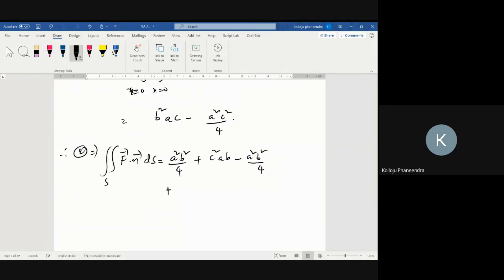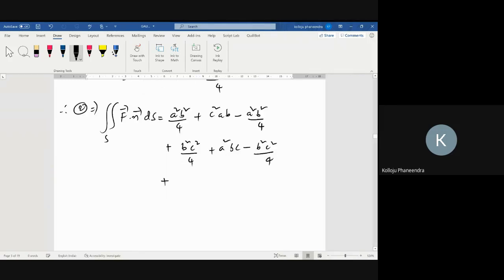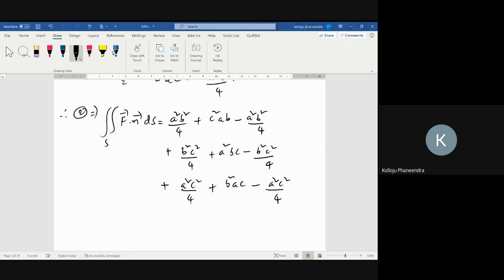Plus the next one: b square c square by 4 plus a square bc minus b square c square by 4. Plus the next one, what is this last one? A square c square by 4 plus b square ac minus a square c square by 4. Correct? Right.